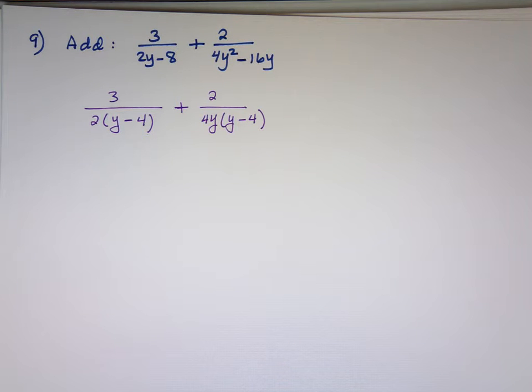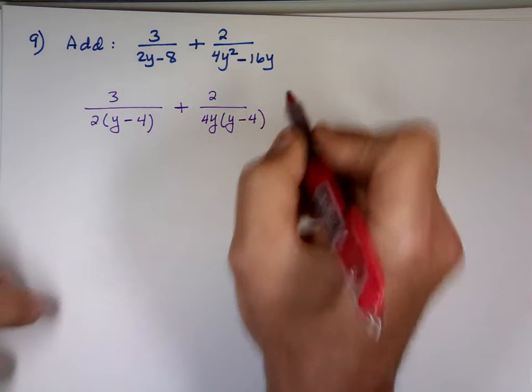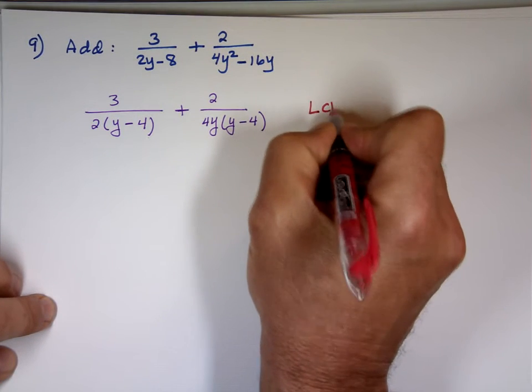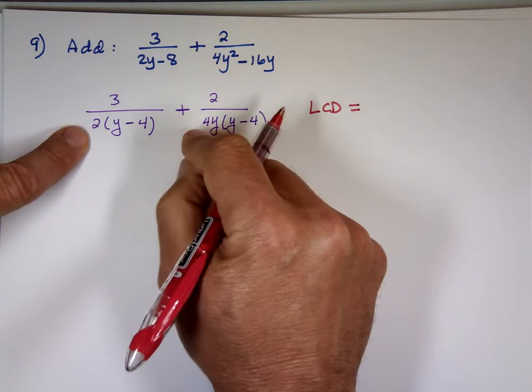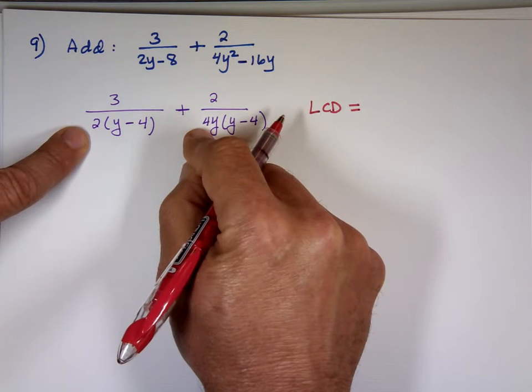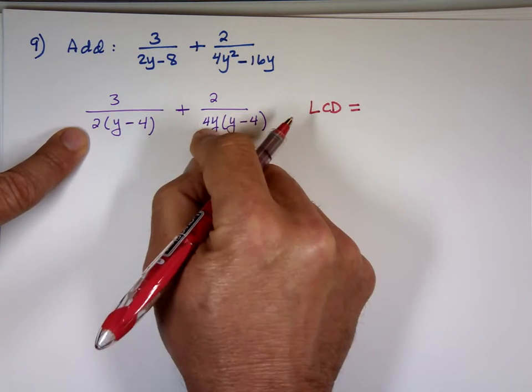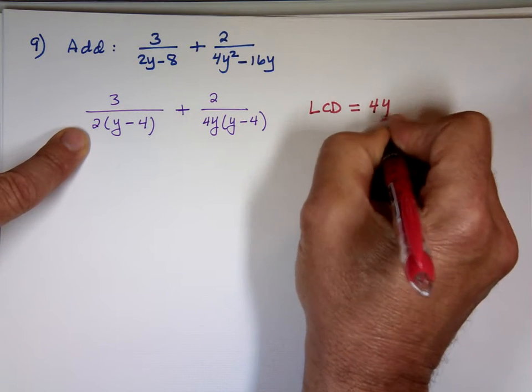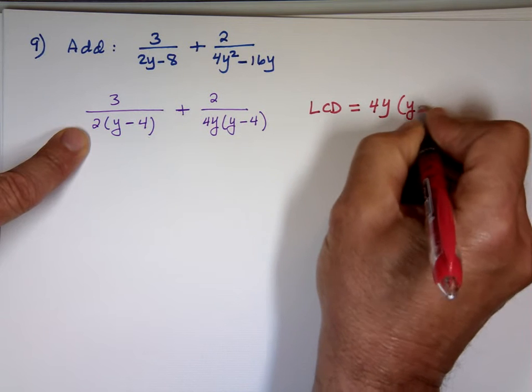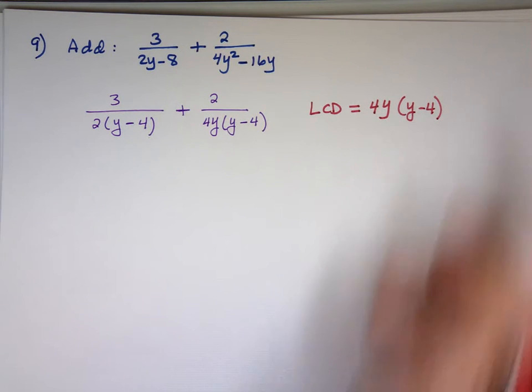Remember, the LCD is the multiplication of all the different factors, each raised to its highest power. Well, when you look at the 4, 4 is really 2 times 2. So this 2 is in this one, so I'm not going to use the 2, I'm going to use the 4. I get the y and the y minus 4. This 2 is inside that one.